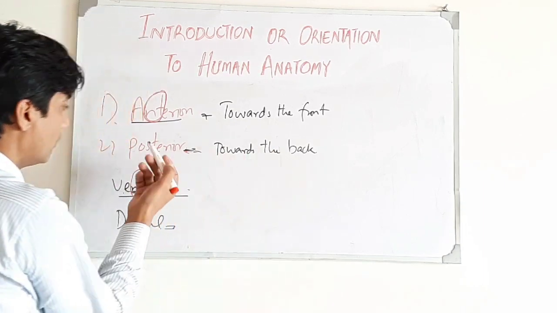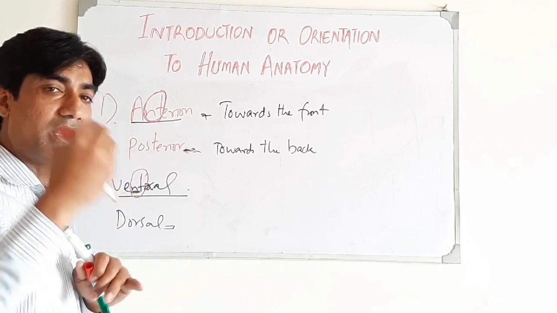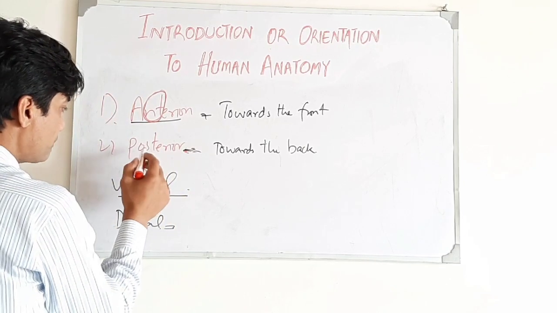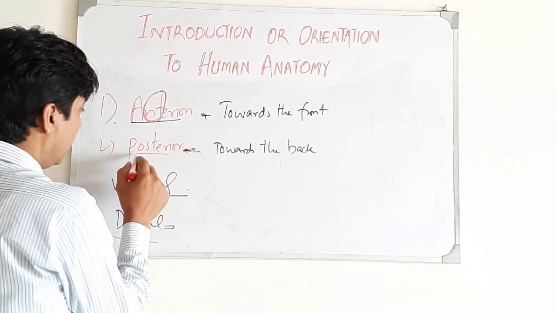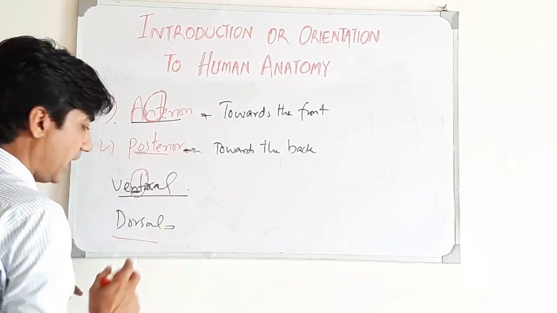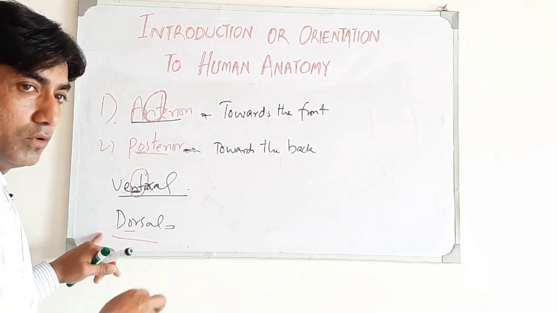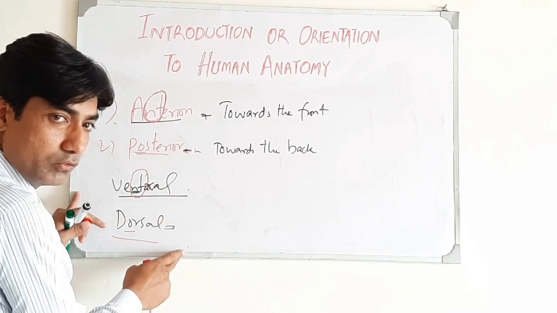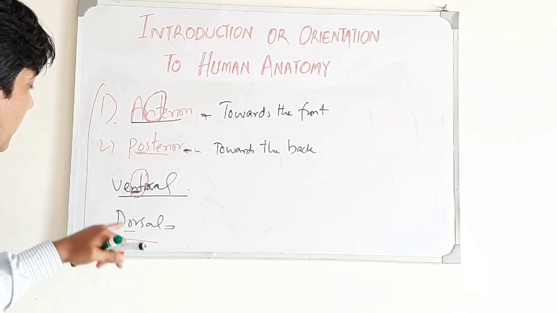Any structure which we describe posteriorly or backward is called posterior or dorsal. How can we remember? In posterior there is the letter O, and in dorsal the letter O. So this is the method to remember anterior, posterior, ventral and dorsal.